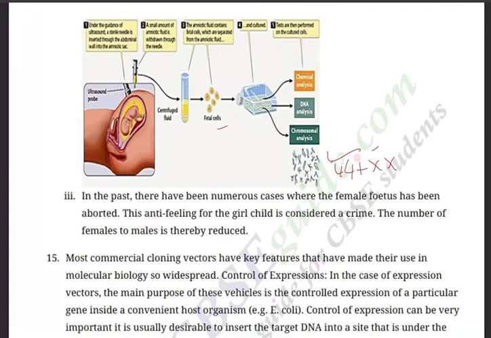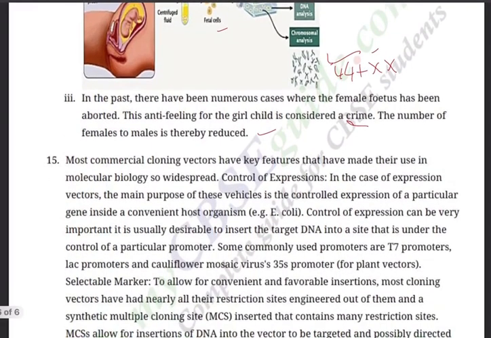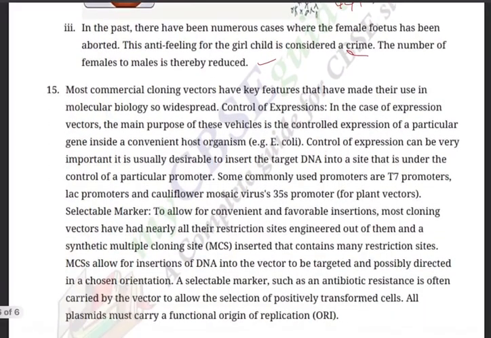So unfortunately in India, most of the parents were going for abortion, thus disturbing the normal cycle and natural ratio between male and female. And also it's a sort of criminal offense. So that is the reason why this anti-feeling for the girl child is considered a crime. The number of females to males is thereby reduced, hence it is banned.